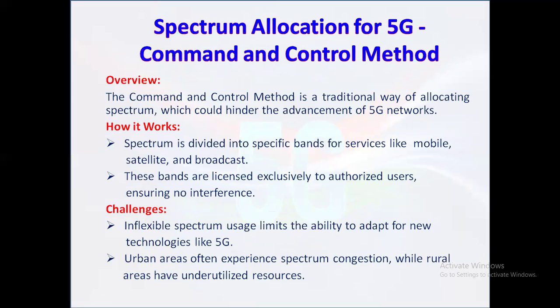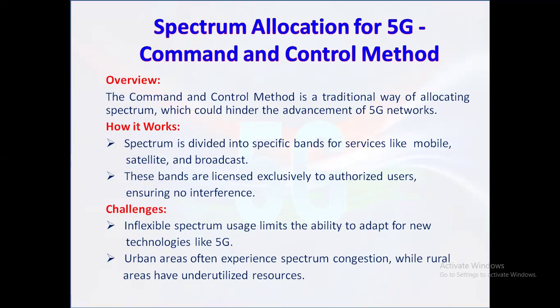The command and control method, as I've said, is a conventional approach to allocating spectrum, which poses a significant challenge to the advancement of 5G networks. In this method, spectrum is divided into specific bands that are assigned to various communication services, such as mobile networks, satellite operations and broadcasting.